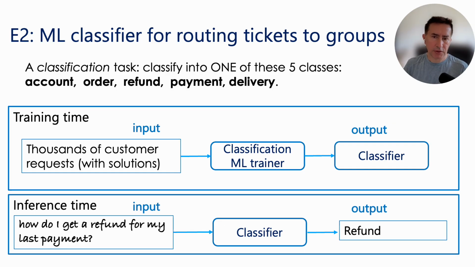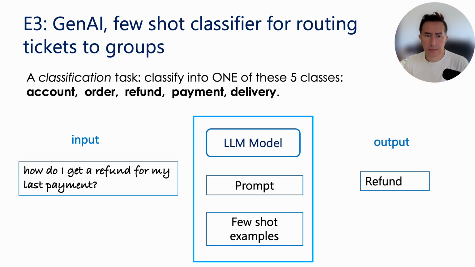So we have this training step that produces a classifier, and then we have a runtime, prediction time, inference time thread where we use our trained classifier to actually try to predict ticket classifications.